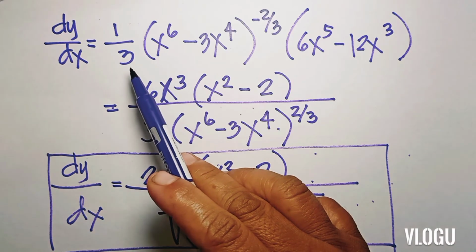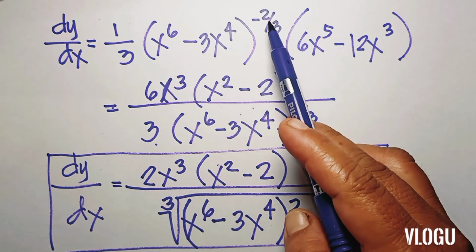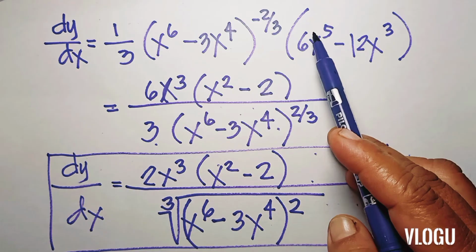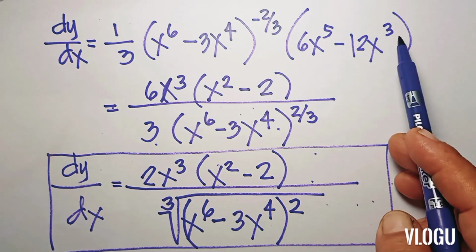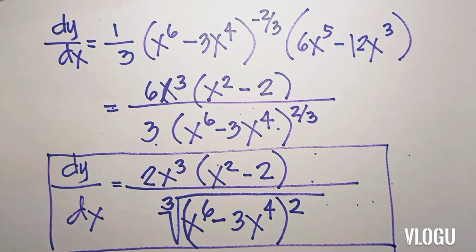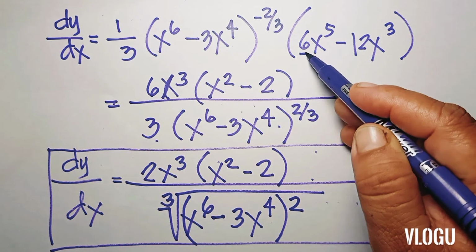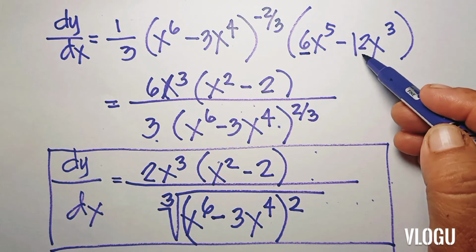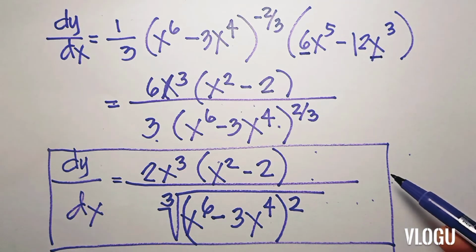So we have now a form of 1/3 (x to the 6 minus 3x to the 4th) raised to negative 2/3 times 6x to the 5th minus 12x cubed. If we are going to look at this one, you can factor out 6 because that is common here, and you can factor out x cubed.